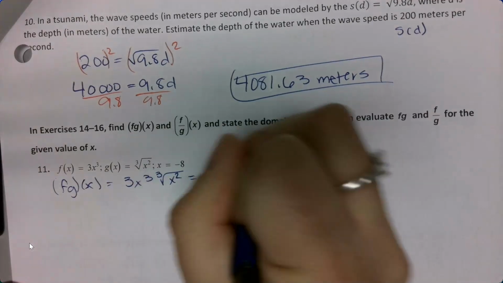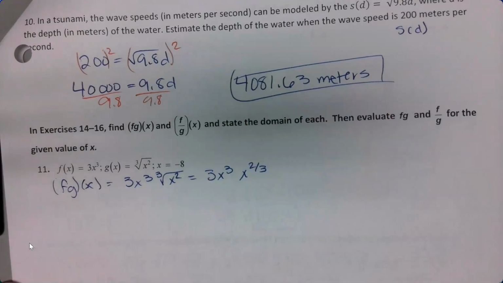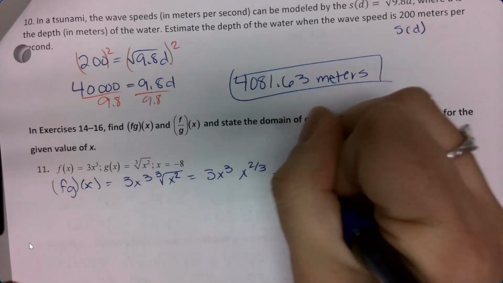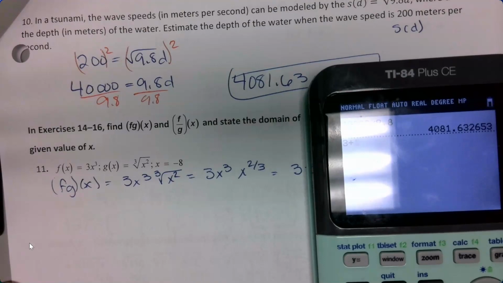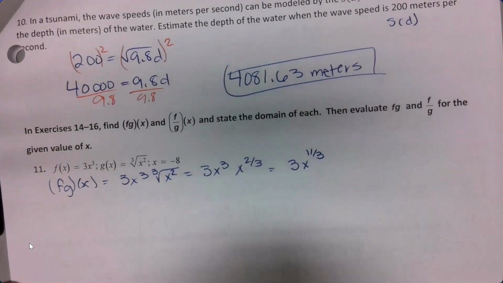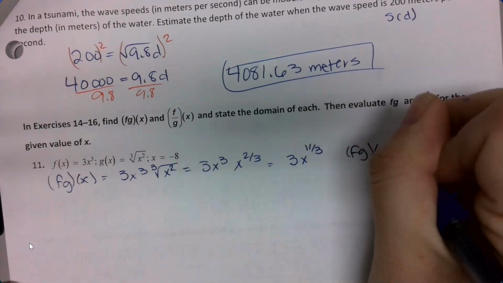So I can rewrite this as 3x cubed times x to the 2/3. Because these two x's are multiplied by each other, I can add the exponents. So that gets me 3 plus 2/3 is 11/3. So that is f times g of x.